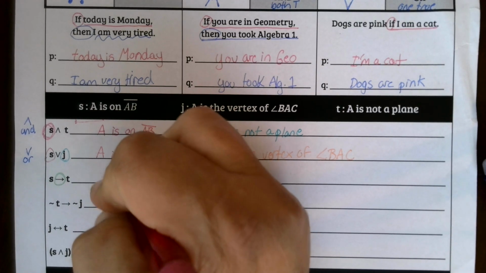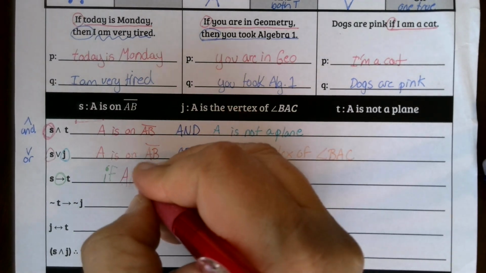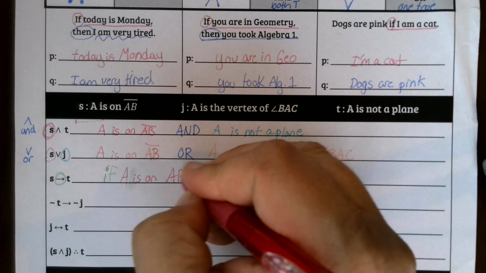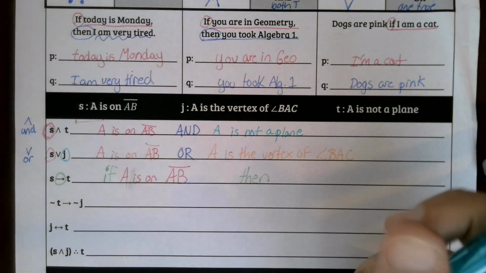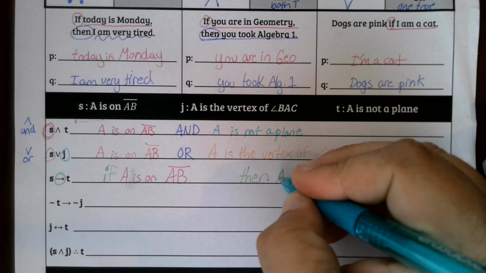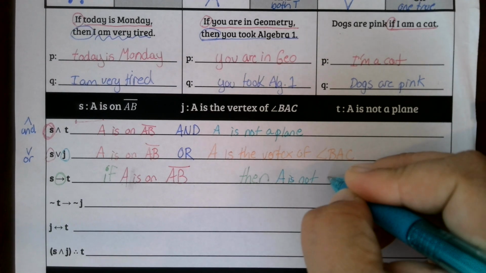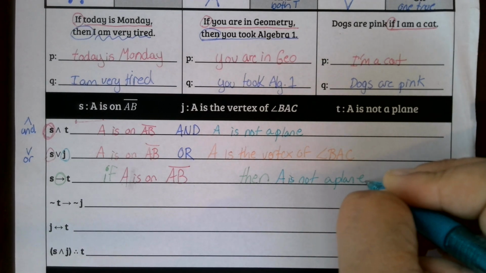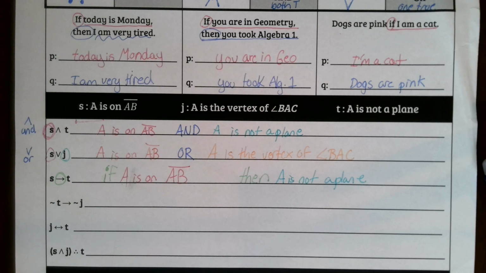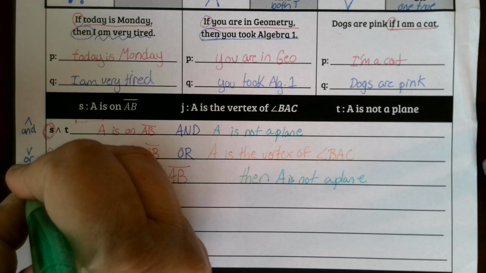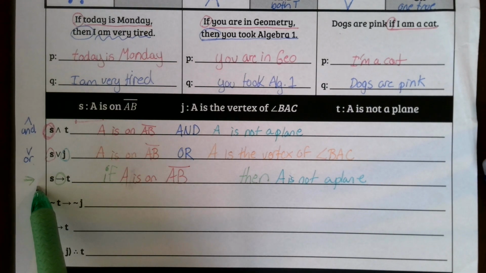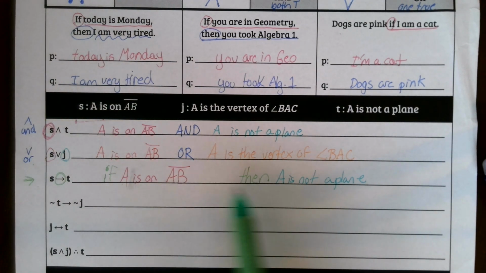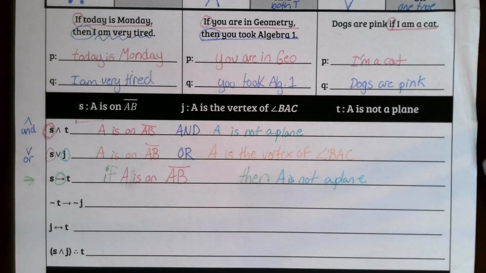If A is on A, B, then okay, A is not a plane. Just filling these in. Okay, so that's how you use and, or, and an if-then. And connects them, or connects them, and if-then connects them, but with two words. If first statement, then second statement.